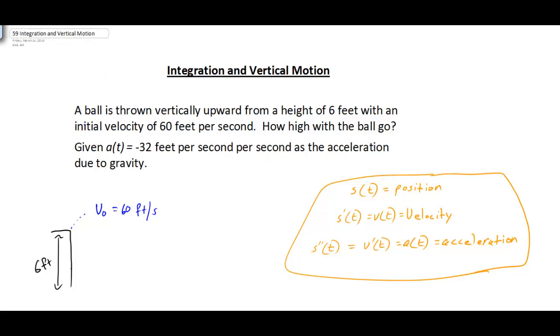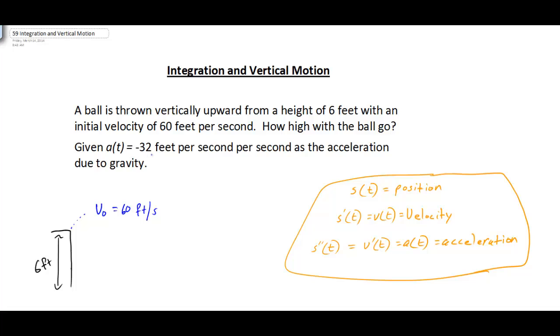This problem states that a ball is thrown vertically upward from a height of 6 feet with an initial velocity of 60 feet per second. How high will the ball go, given the acceleration is negative 32 feet per second squared as the acceleration due to gravity?